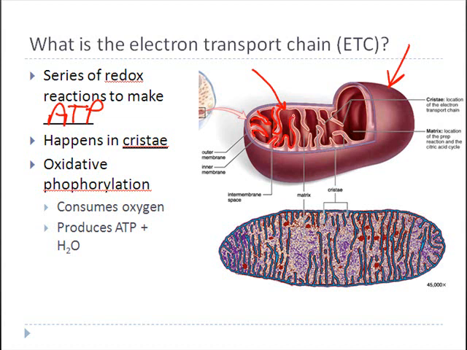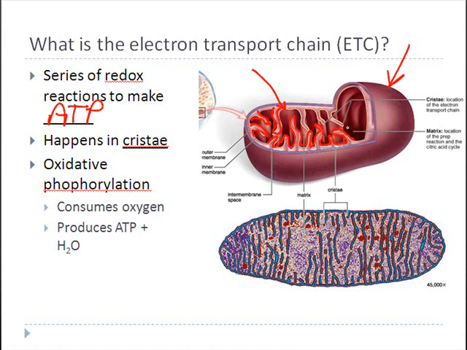Those invaginations are called the cristae. What they do is increase the total surface area inside the mitochondrion so I can have more duplicates of the enzymes needed for the electron transport chain, so I can have multiple electron transport chains functioning at the same time inside the mitochondrion.